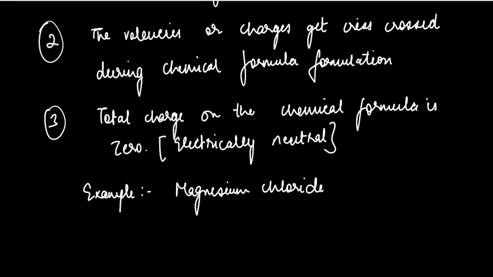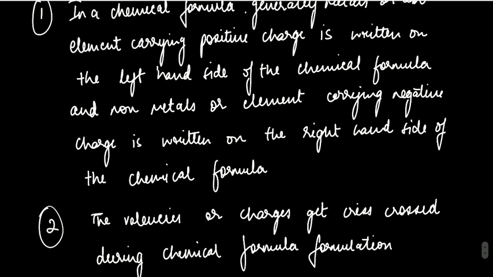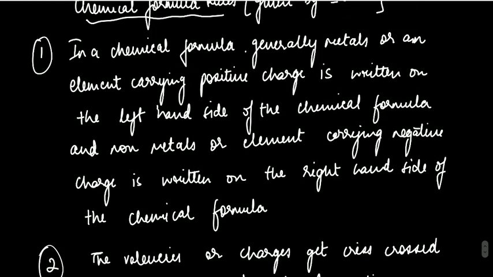See, IUPAC designs chemical formula in the way that for inorganic compounds most of the time, it will keep metals on the left hand side. So that's what I have written. The metals or any element carrying positive charge on the left hand side, and non-metals or any element carrying negative charge on the right hand side of the chemical formula.